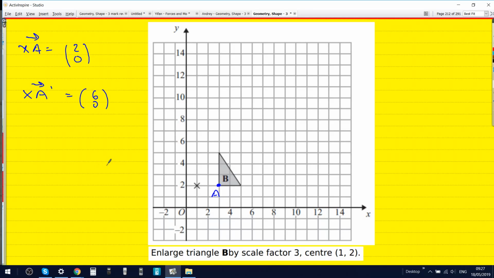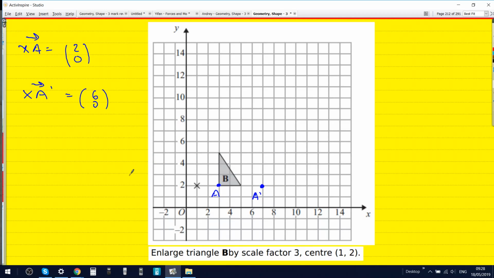So that's X. What's the coordinates of the new A? Well, that should be 6 to the right. Yeah. And so what's its coordinate? Is it 9, 2, 4? It's 6 to the right of X, not 6 to the right of A. Oh, so will it be 7, 2? 7. Yeah. Well done. So that's the new A, and then you go from there.